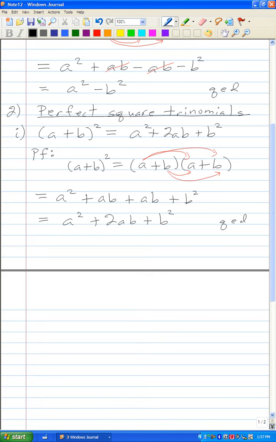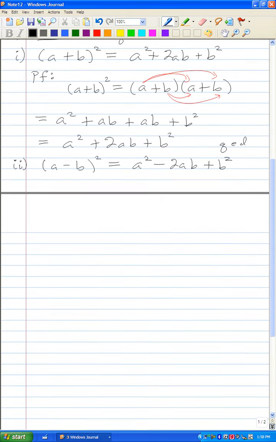Let me do the second formula for the perfect square trinomials. A minus B quantity squared is A squared minus 2AB plus B squared. So let's show that.